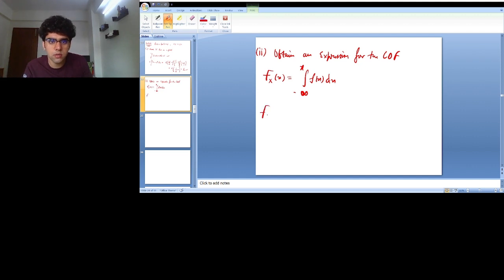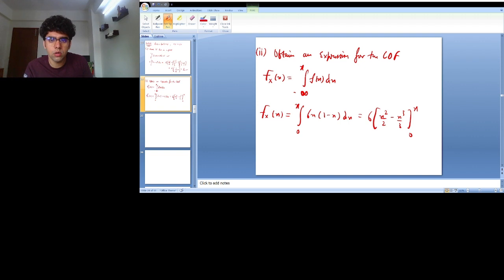But in our case our lower limit is 0, so we take the lower limit as 0 and the upper limit as x, and our PDF is 6x into (1 minus x) dx. So this is 6, and the integral of this is x square by 2 minus x cube by 3, with limits 0 to x.